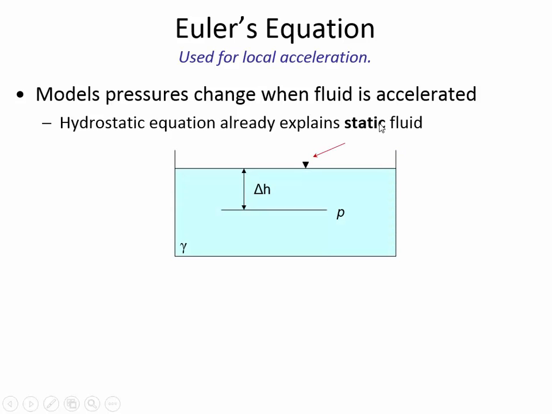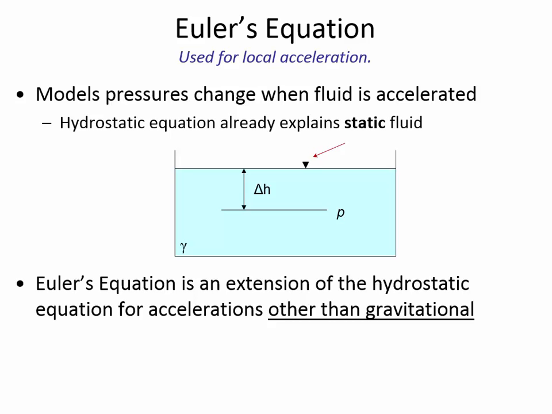Here's a tank of water, and we'd simply say that the pressure at a certain location would be the unit weight of the fluid multiplied by delta H, where of course the unit weight is the density of the fluid multiplied by g. So actually there already is an acceleration built into the hydrostatic equation. It's just that the acceleration we're talking about there is the acceleration of Earth's gravity. But when a fluid is actually moving independent of that, then there may be accelerations other than gravitational.